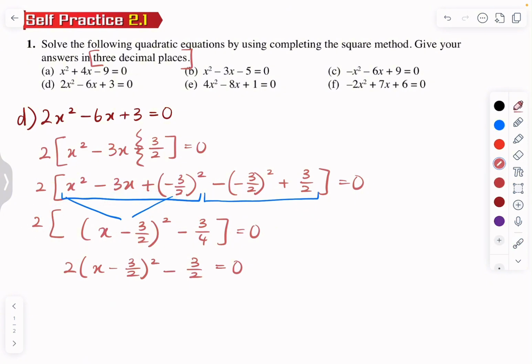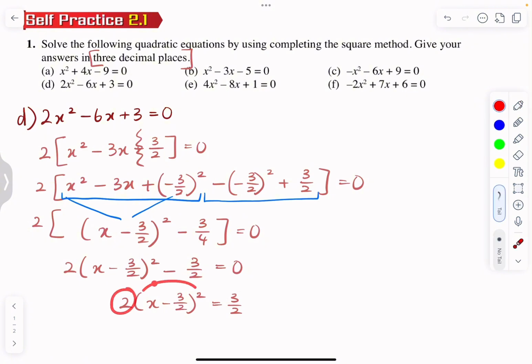Okay, now we try to make x the subject. So 2x minus 3 over 2 square equals to 3 over 2. Then 2 and this are related by times. So we bring there, will become divide. So x minus 3 over 2 square. 3 over 2 divided by 2 is 3 over 4.